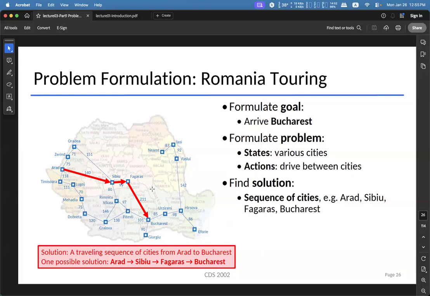This path is the traveling sequence that allows us to go from ACT to Bucharest. This is a potential solution that we can discover after we do the abstraction.